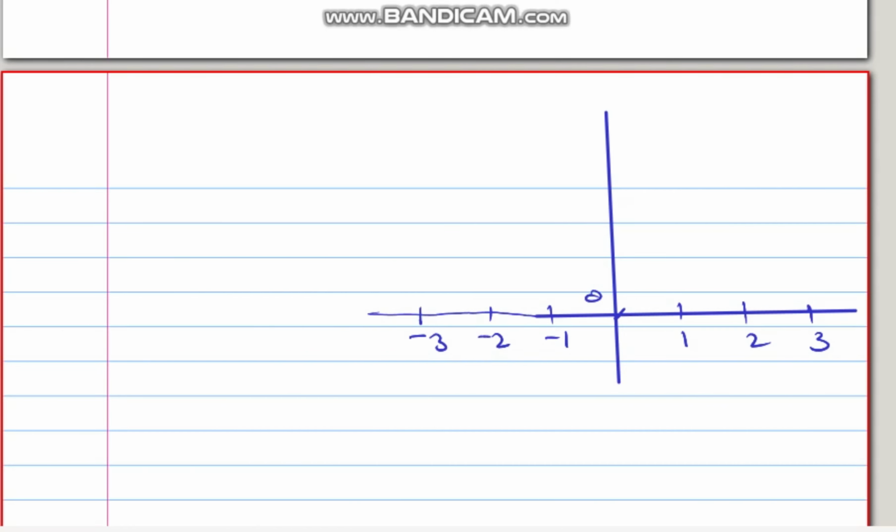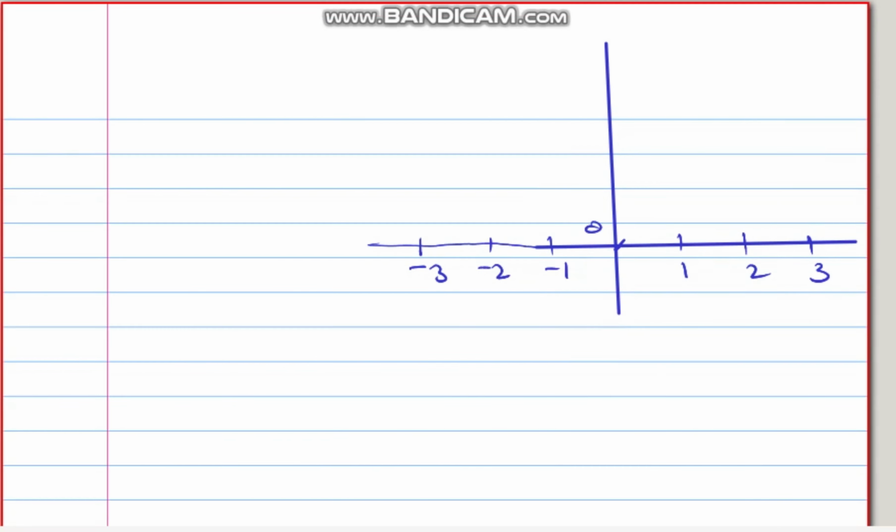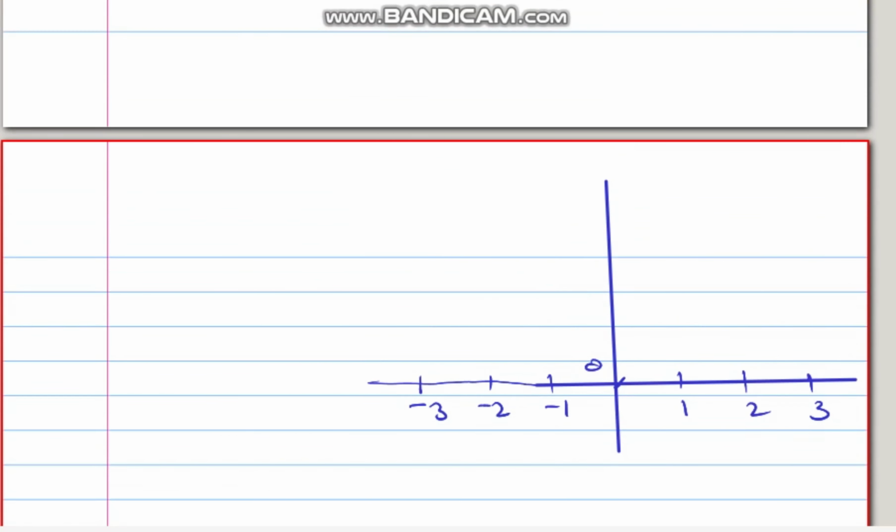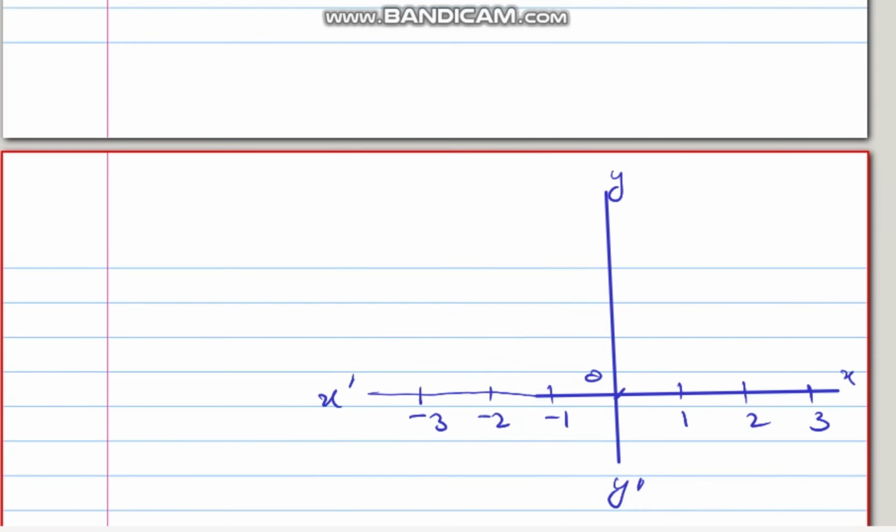The situation will be like this. This will be the x coordinate, this will be the y coordinate, and this will be the y dash coordinate, because the dash coordinate always represents the negative numbers.